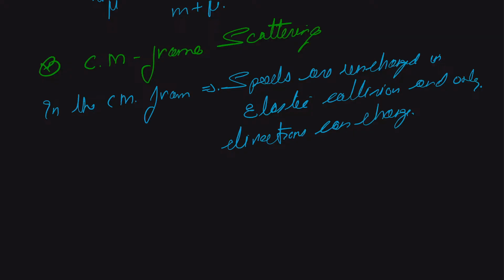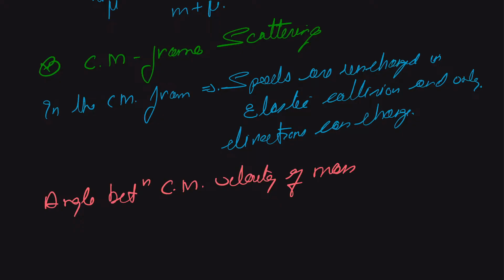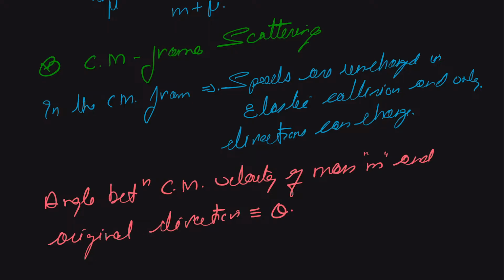So we can say that angle between center of mass velocity of mass small m and original direction is, let us suppose, our theta.